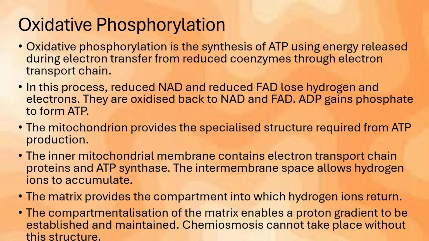Again, you need to really understand how the structure of the mitochondria contributes to the electron transport chain and oxidative phosphorylation, as it can come up as 3 or 4 markers. The compartmentalization of the matrix enables a proton gradient to be established and maintained, and chemiosmosis cannot take place without this structure.